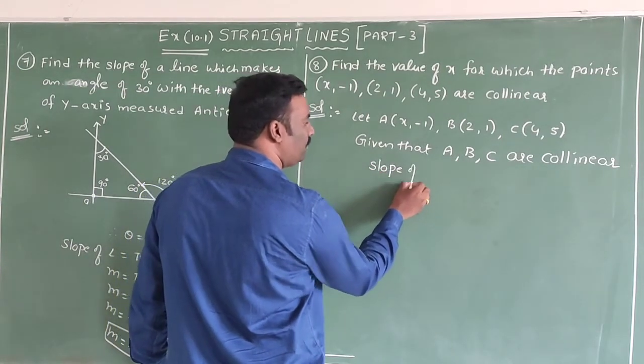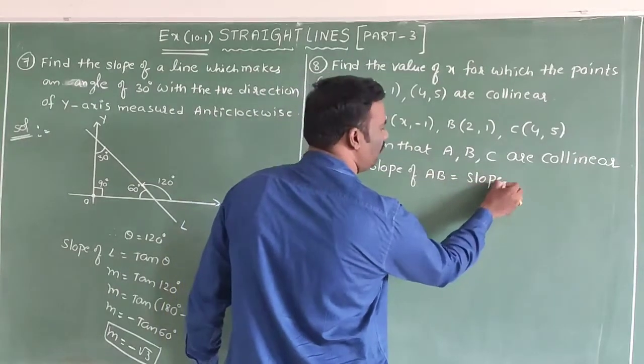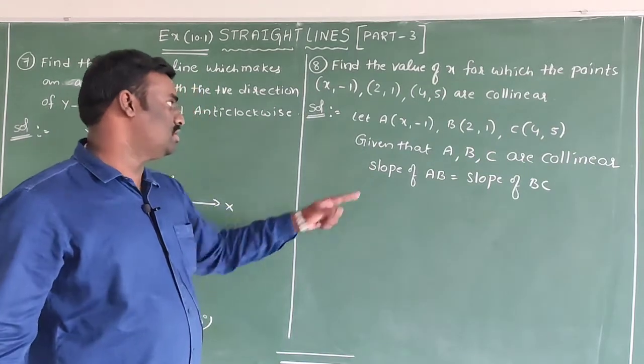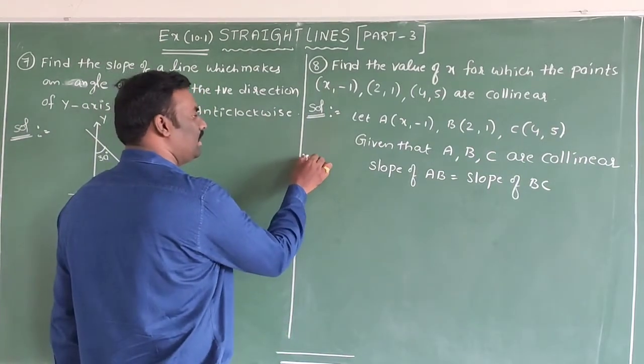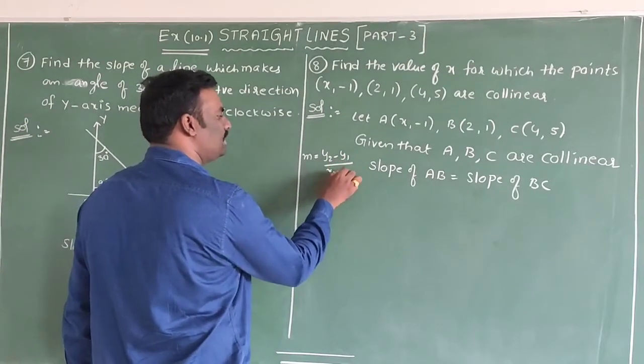Slope of AB is equal to slope of BC. How to find slope? Slope formula m equals (y2 minus y1) by (x2 minus x1).